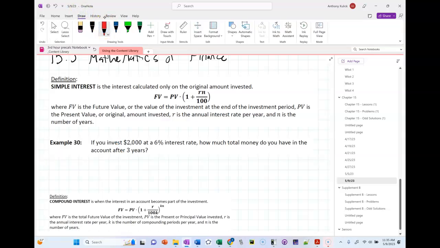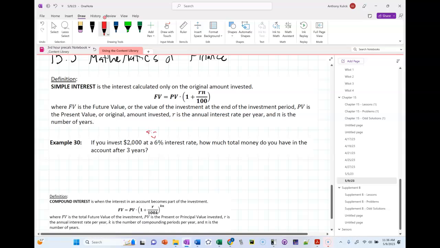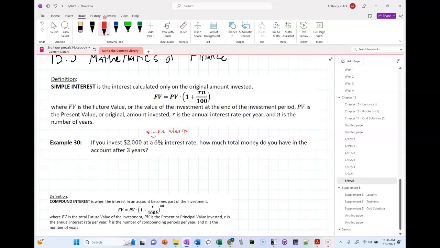How much money do we have in the account after 3 years? We should probably say at a simple interest rate of 6%. Okay.